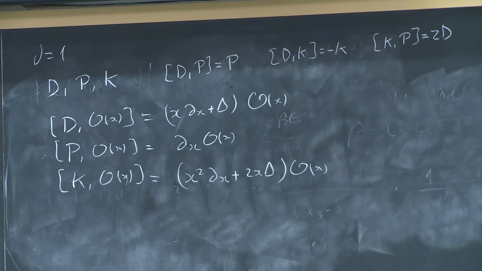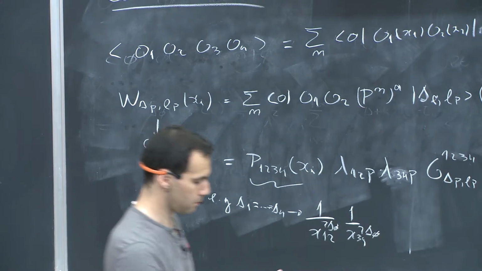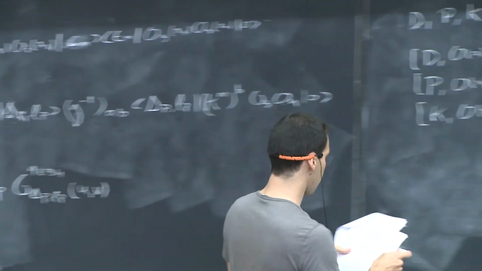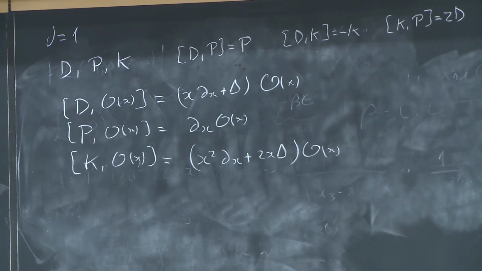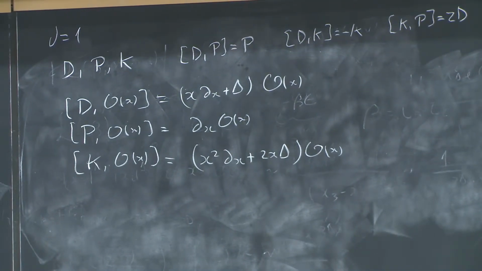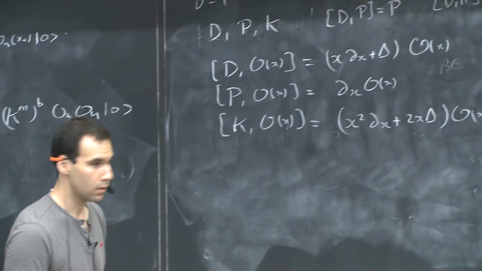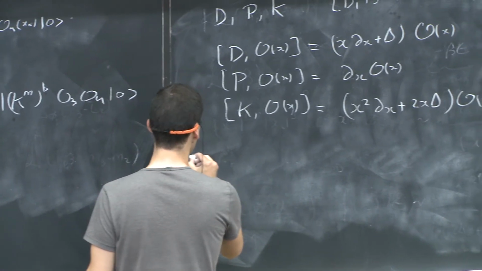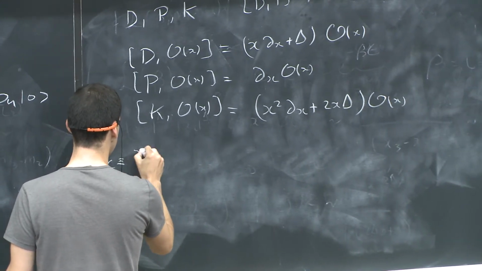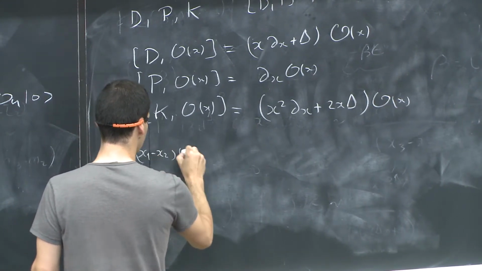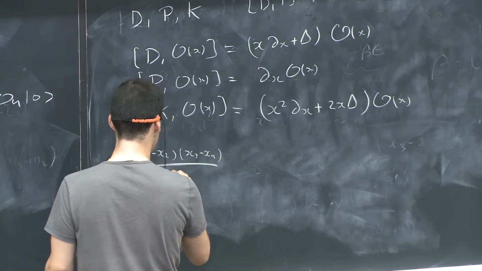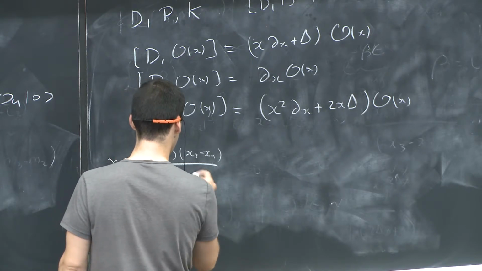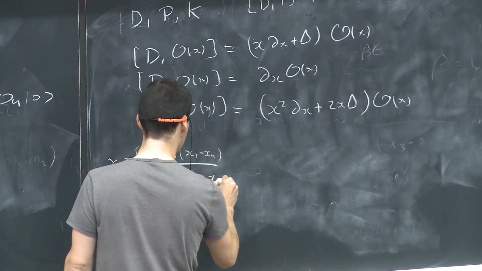Now let's use this definition to compute the conformal block. Because of conformal invariance, things will only depend on the cross ratio. The cross ratio that I will use is x equals x1 minus x2, x3 minus x4, divided by x1 minus x3, x2 minus x4.